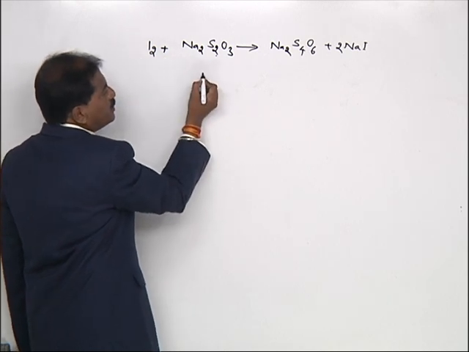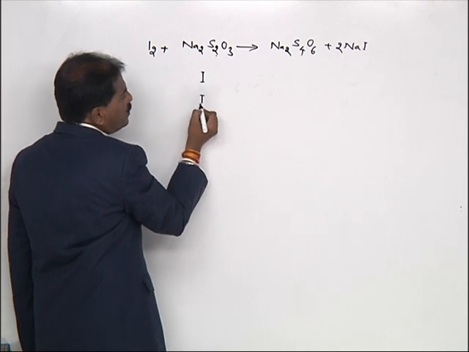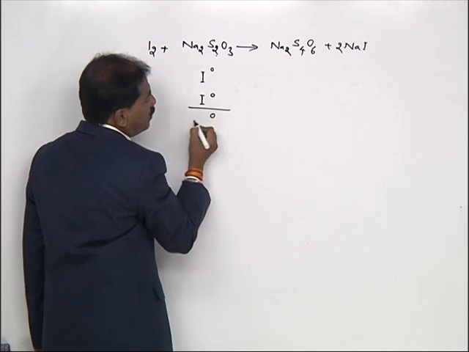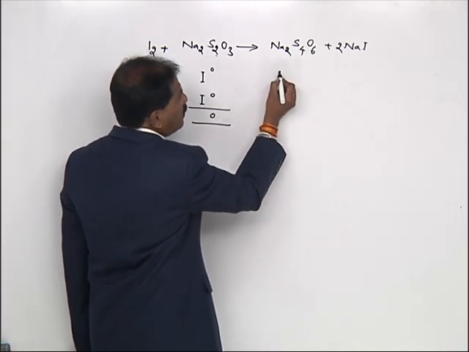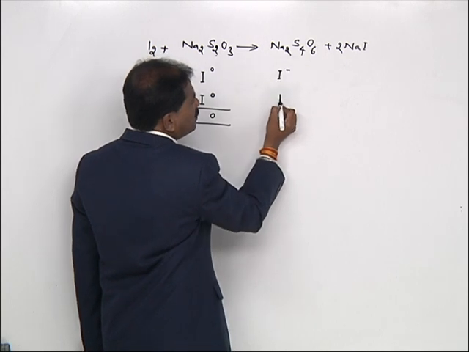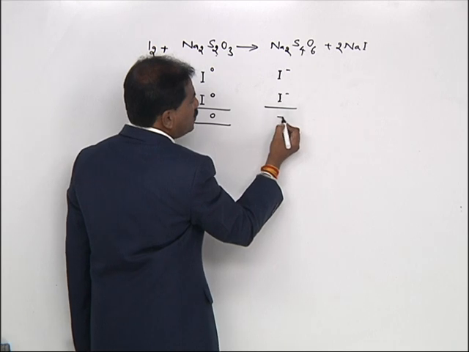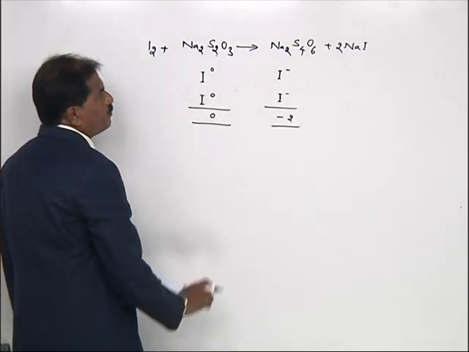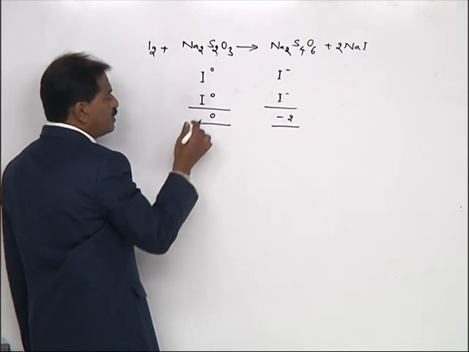Here in this reaction, one molecule of iodine is participating. The oxidation state of each iodine atom in the reactant is 0. Therefore, total oxidation state is 0. On this side, each iodine atom is exhibiting the -1 oxidation state. Therefore, total oxidation state here is -2. Therefore, one molecule is gaining 2 electrons.